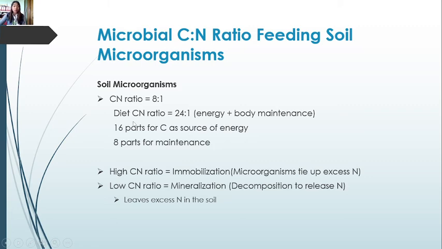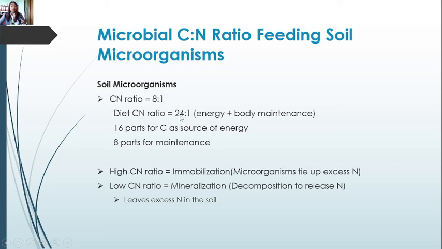Okay? But the diet requirement, the CN ratio requirement, must be 24:1. So, this is what governs the soil. The CN of 24:1. This is the normal one.